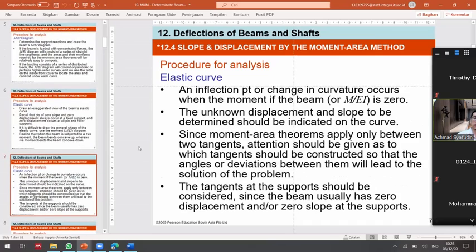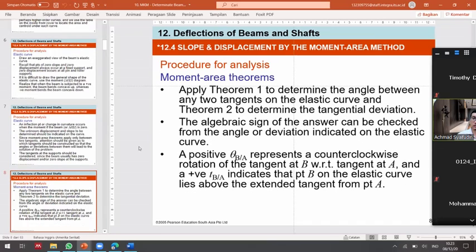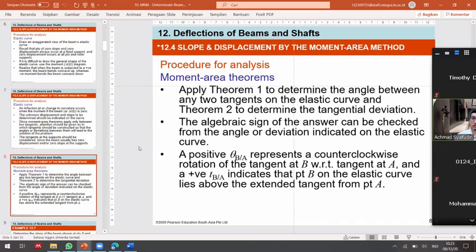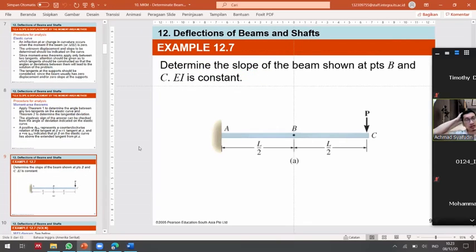You can read later. I already put the handout in the classroom. That's where we check the sample problem.